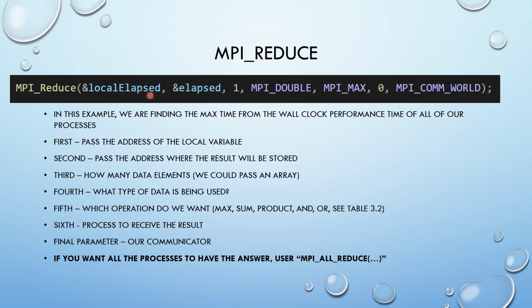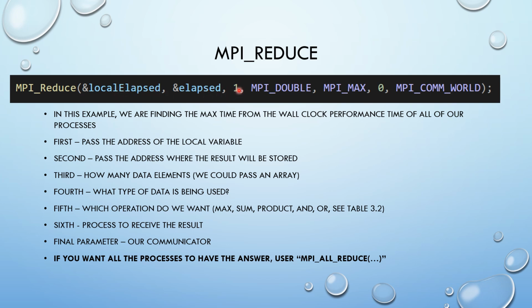So first of all, we pass our local variable, which is the value that's going to get reduced. And then we pass the address of a local variable where the answer is going to go. In this case, we're going to do a max. So the largest of all the values submitted will end up being stored in elapsed. And third, how many data elements are there? Well, we're only sending one in.